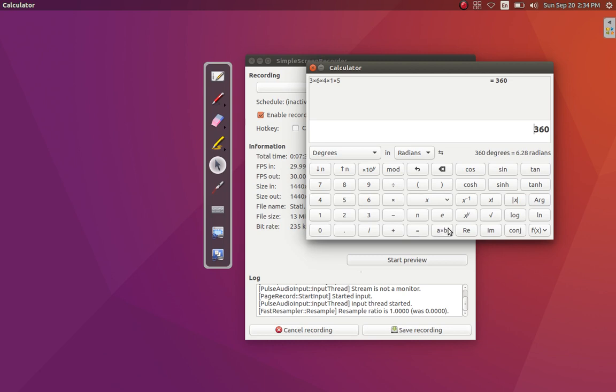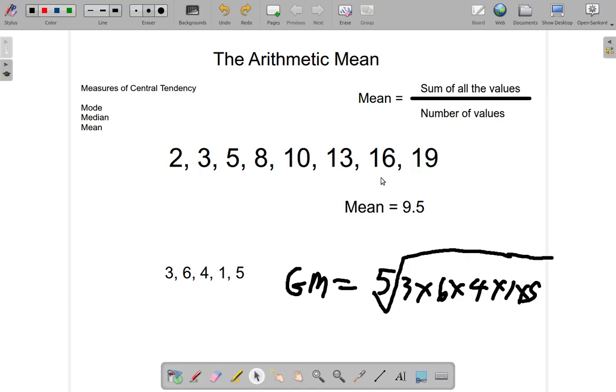And then the fifth root. I don't see the fifth root here, but you can raise it to the power of 1/5. It's the same thing as finding the fifth root. Oh no, everything gone. 360 to the power of, open bracket, 1/5, close bracket, equals 3.245. Let's just call it 3.2.